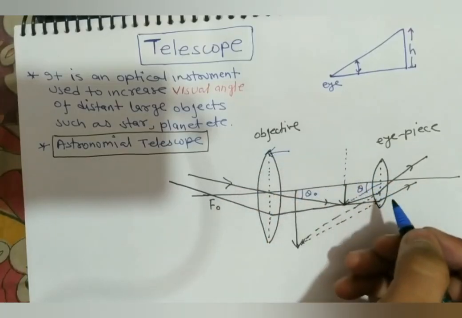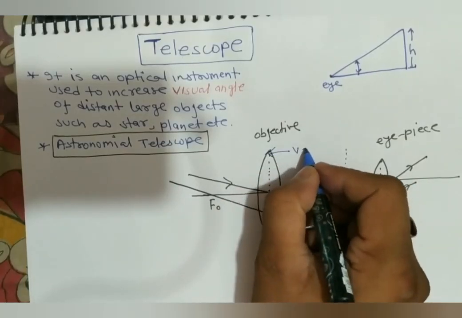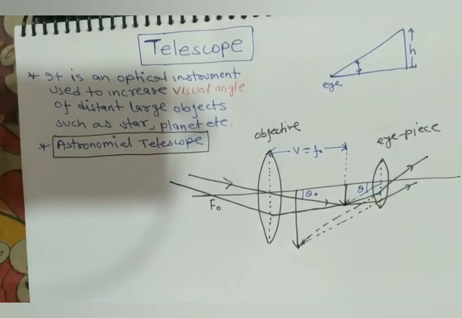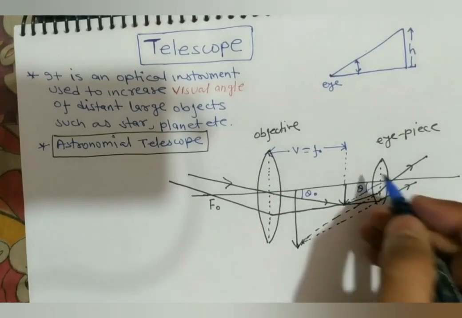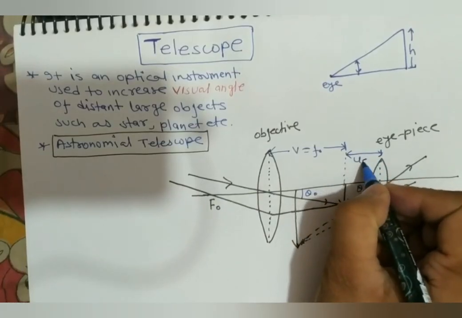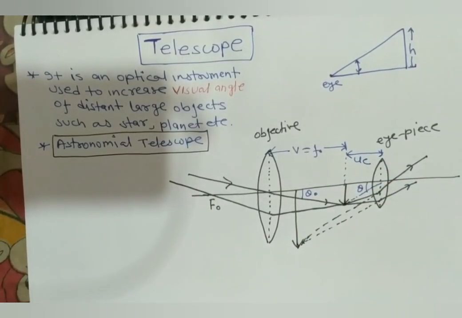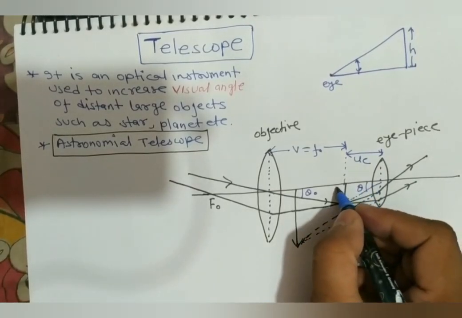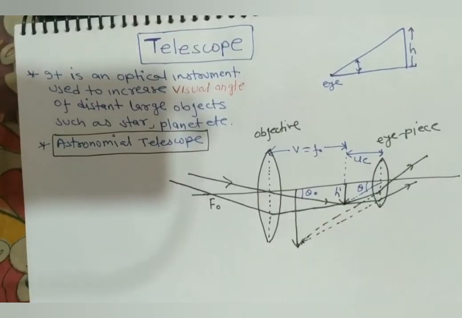This distance is V, and in general we take it at a distance of F0. And this distance is UE, the object distance for the eyepiece.